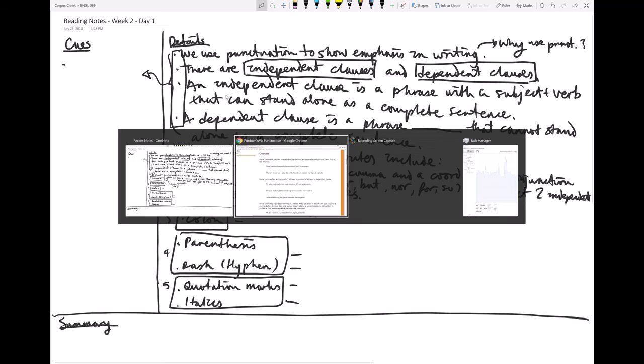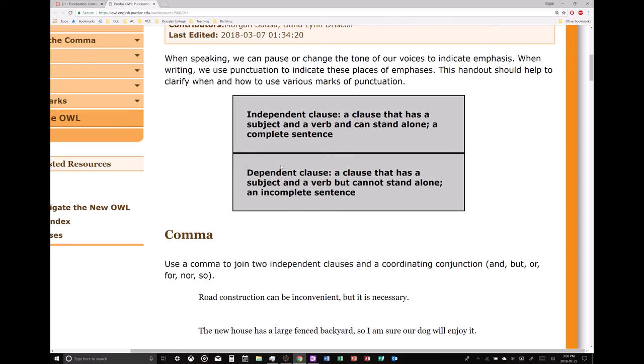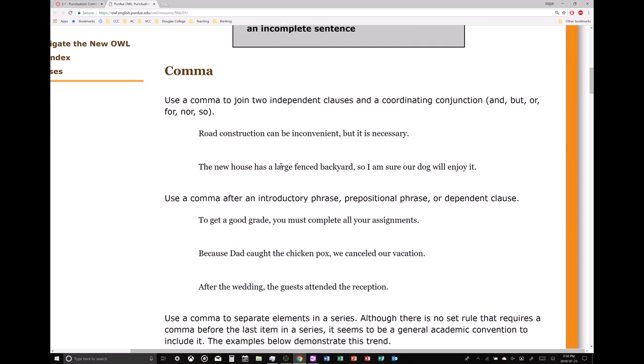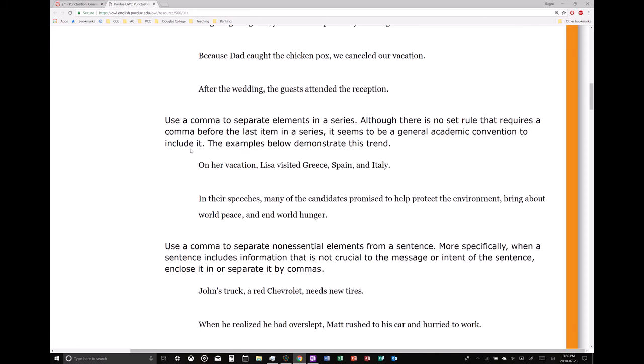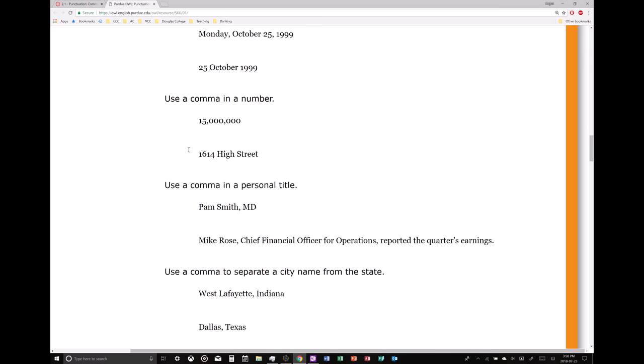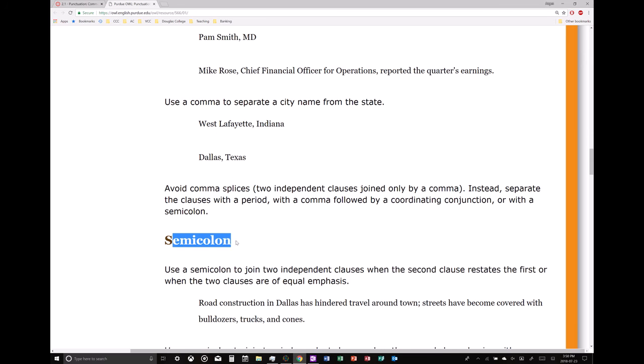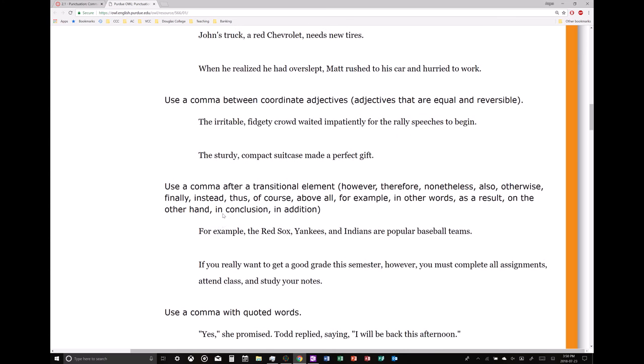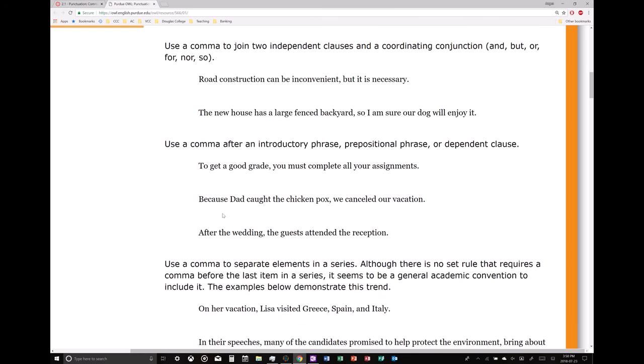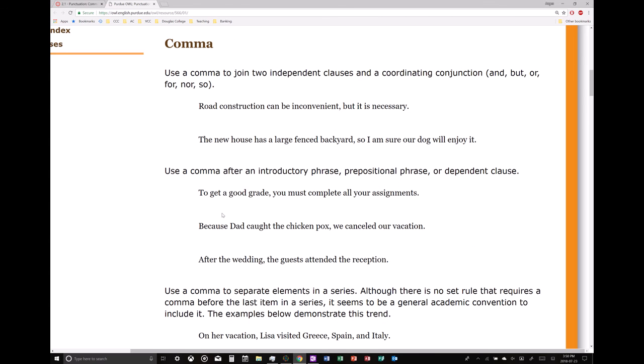When you read a web page or any article and you know it's long, it may be very wise to look at the headings and break down your notes in different headings. So if I were to count the rules for commas, for example, on this page, there's probably going to be a lot.